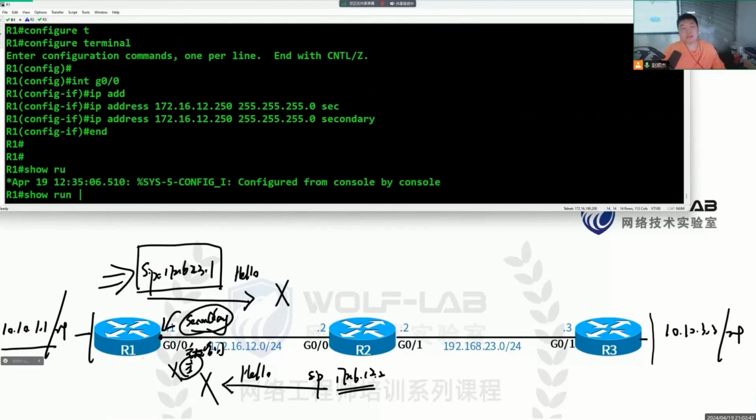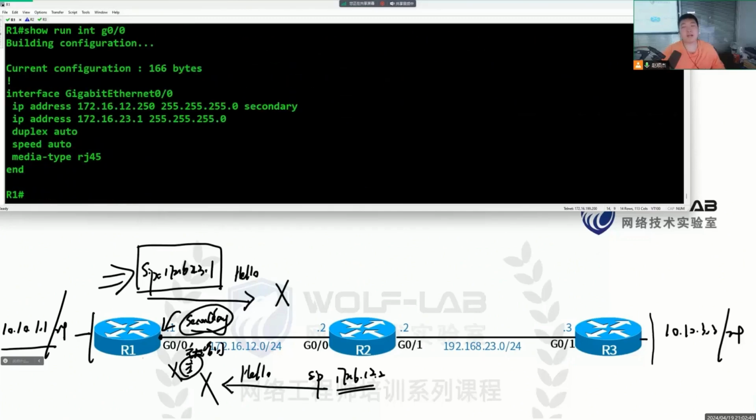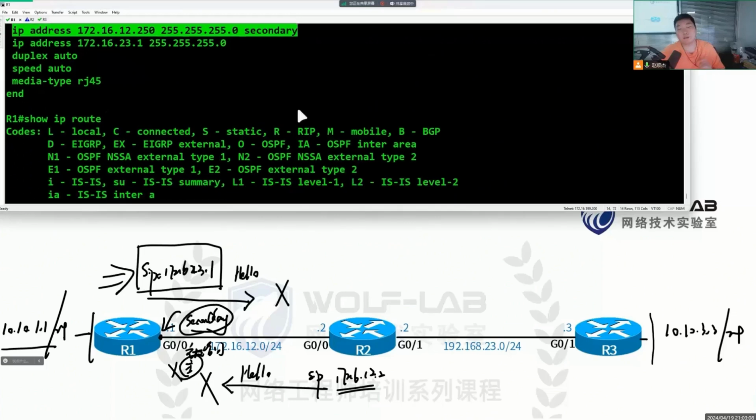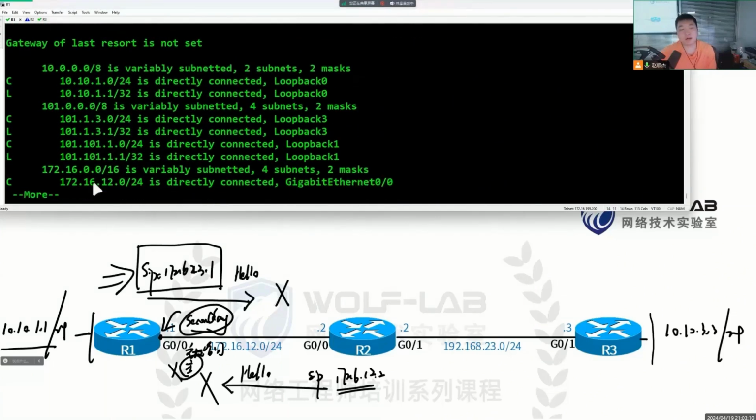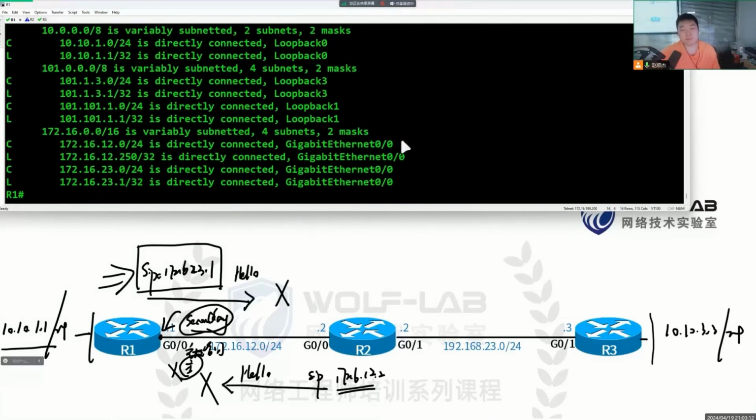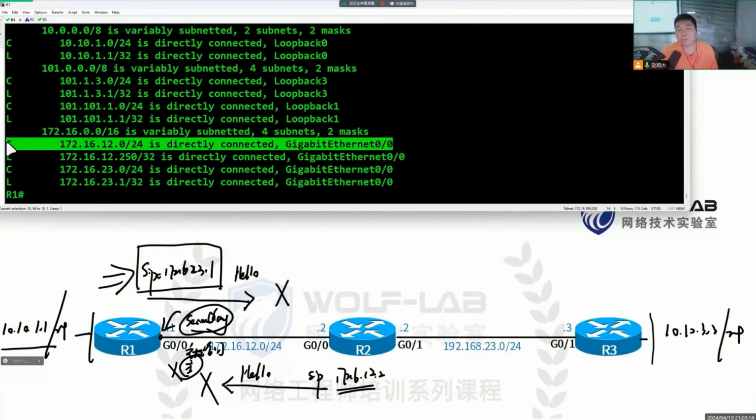Whenever R1 wants to actively send messages, it will definitely use the primary address, 23.1, as the source. But we also have an auxiliary address on our interface. This auxiliary address will also generate a direct route of the 172.16.12.0 network segment, so it can be accessed by others.